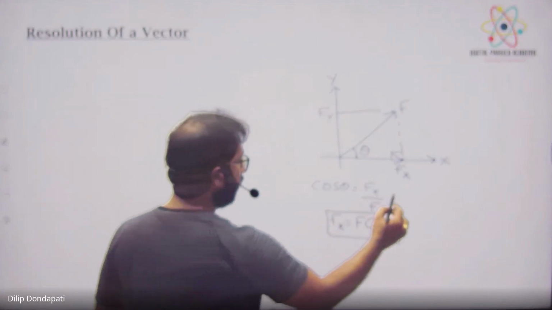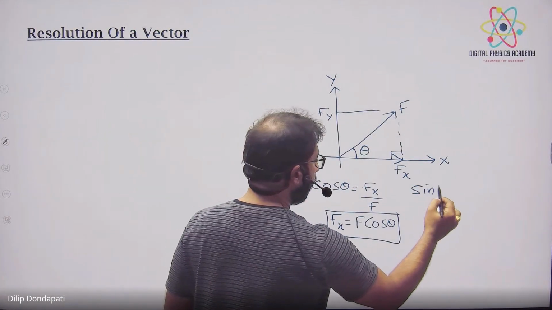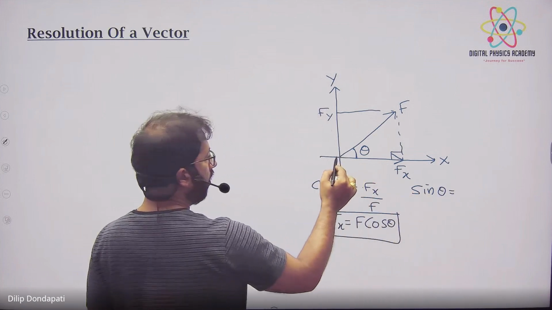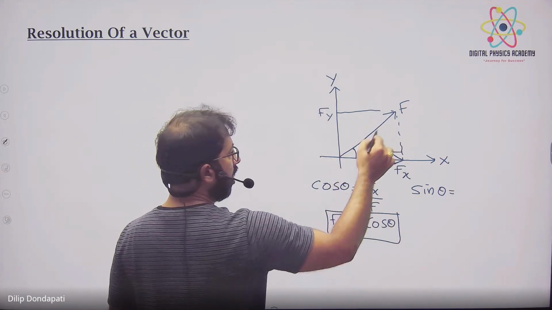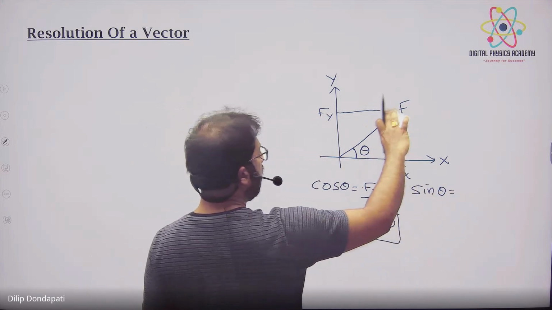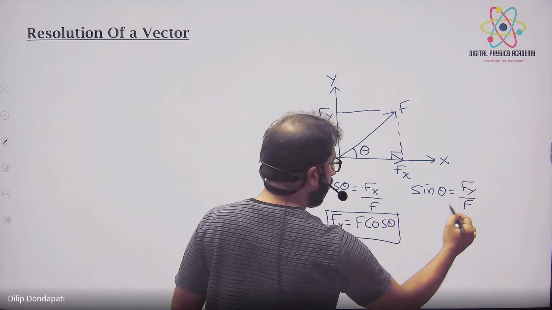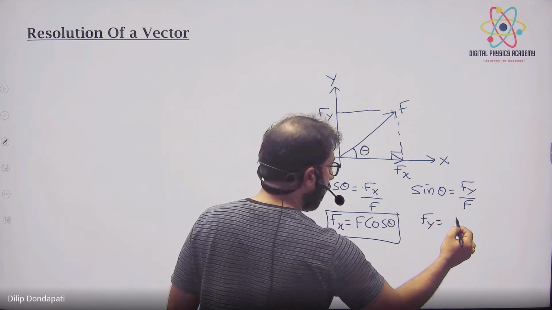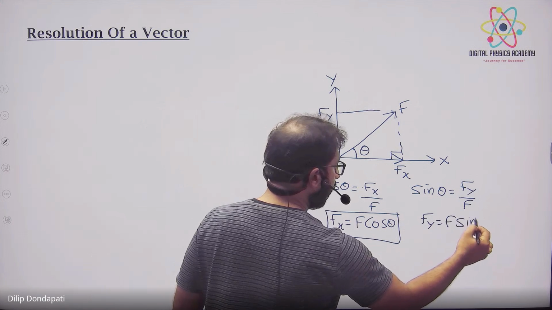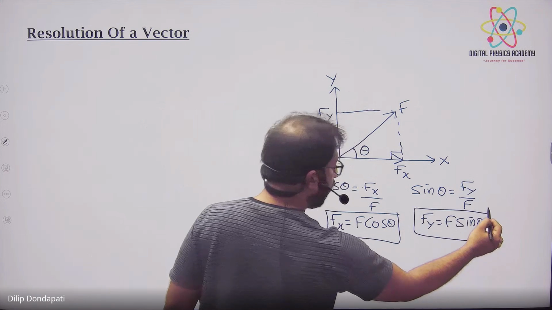Similarly, what is sin theta? Opposite by hypotenuse. Opposite is nothing but Fy. So Fy by F, therefore Fy is equal to F sin theta. We got this.